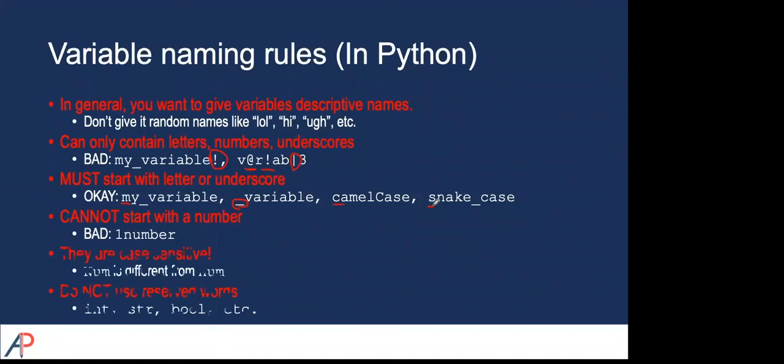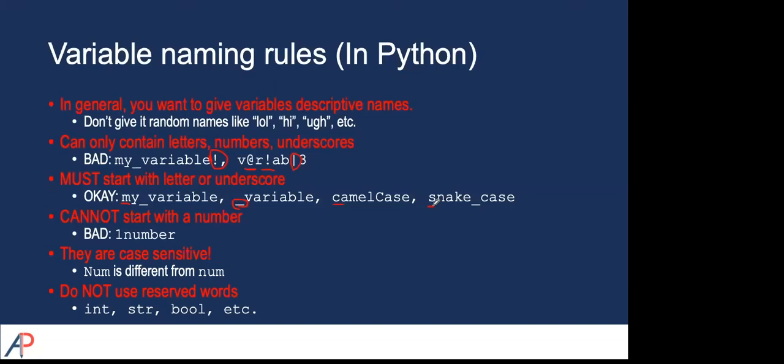And finally, we have these last two. Variables are case sensitive, meaning if you have a variable num that starts with a capital N, and then another variable num that starts with a lowercase n, these two are considered two different variables. So be careful when you do that. Make sure that you're consistent.